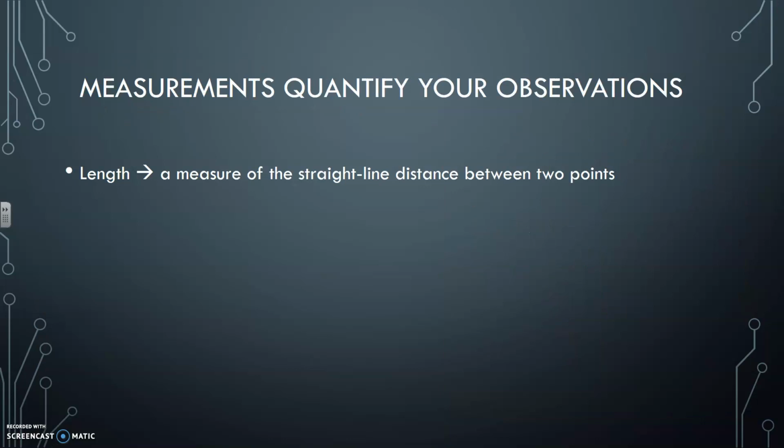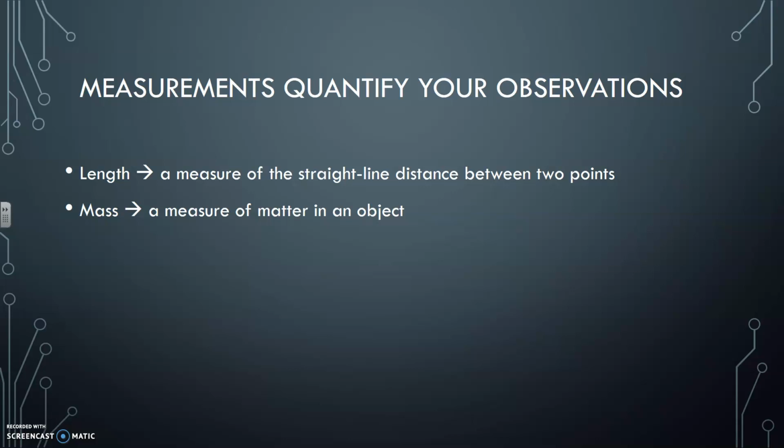All right, so measurements quantify your observations. It basically puts a very specific number to your observations. Length is a measure of the straight line distance between 2 points, because remember the shortest distance between any 2 points is a straight line. Mass is a measure of the matter in an object.